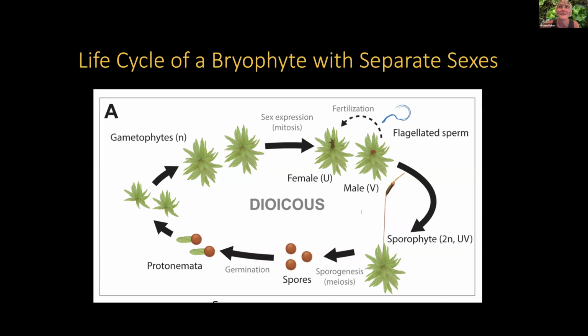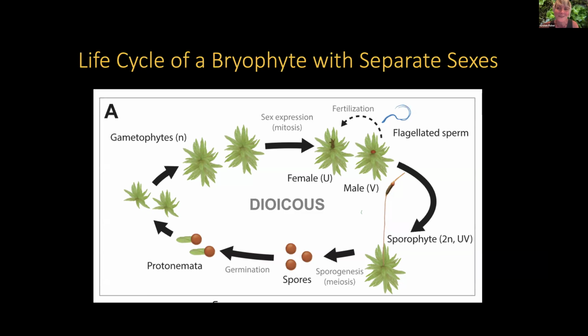Willows, for example: you either have a male tree or a female tree that produces either pollen or ovules, or seed cones or seeds. In the bryophytes, that sex expression is done in the haploid state. So we call it dioicous instead of dioecious. Just a weird oiky thing. And we also have monoicous instead of monoecious bryophytes.